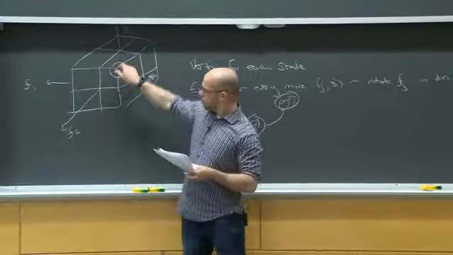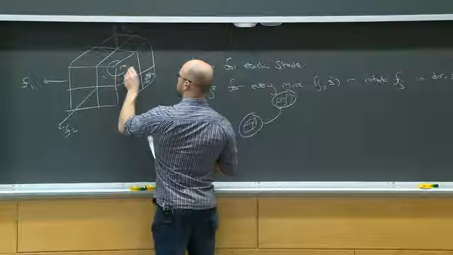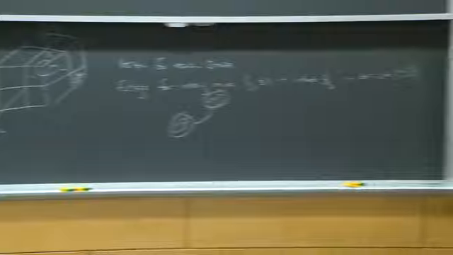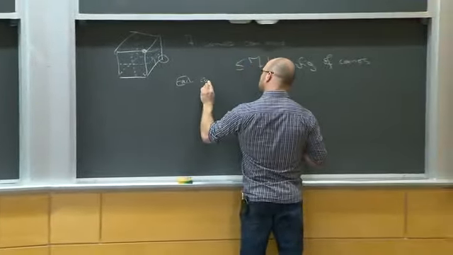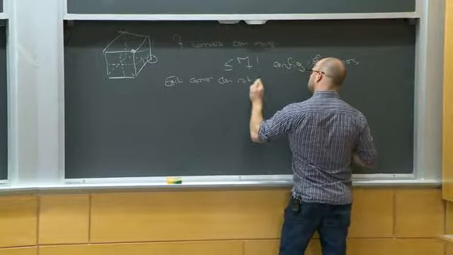And in fact, there are 3 different ways that I could rotate it, right? You can see it, right? 1, 2, 3. Yeah? So each corner can rotate 3 ways.